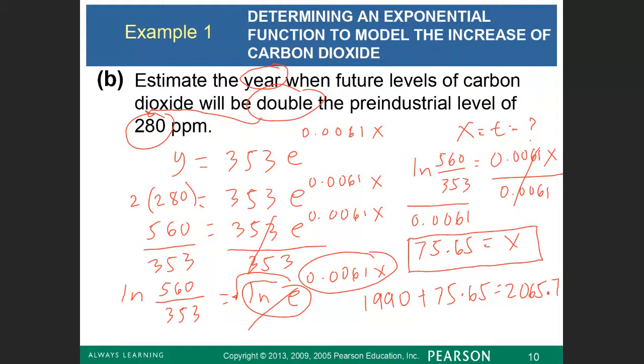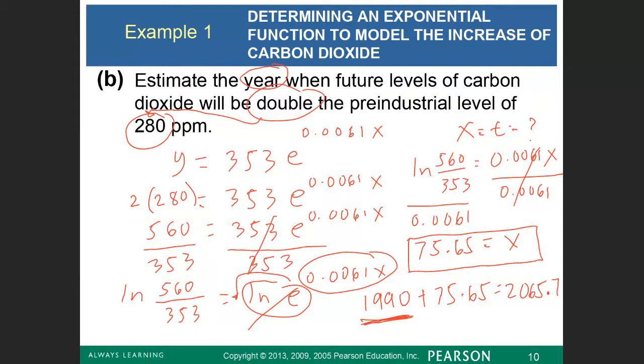So it says estimate the year. So we have 75.65. We add that to the initial year, which is 1990. So we will get 2065.7. So at that year, the pre-industrial level of 280 will be doubled.